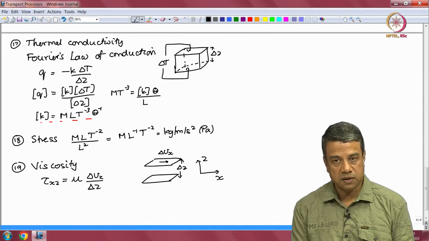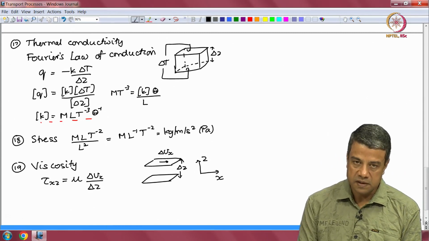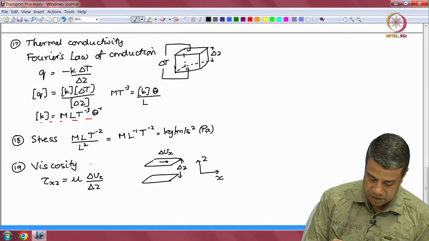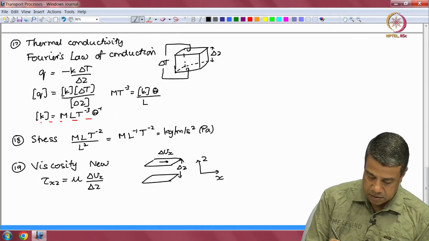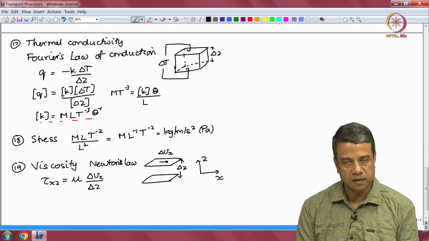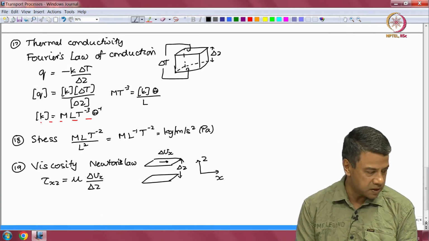It is proportional to the difference in velocity, inversely proportional to the separation. This is Newton's law of viscosity.